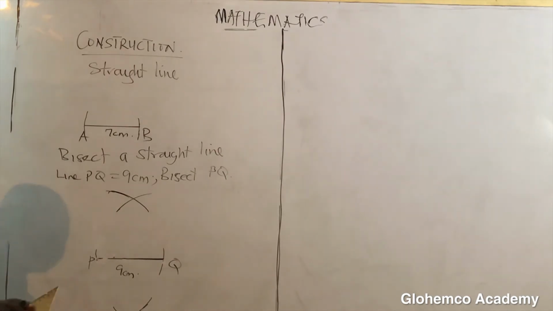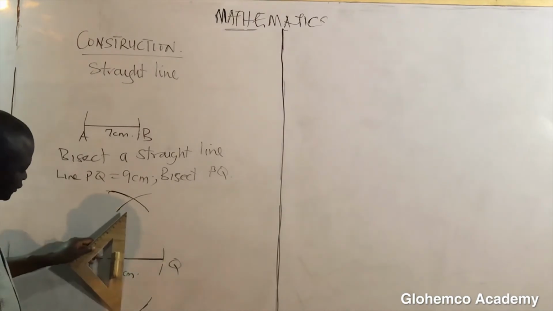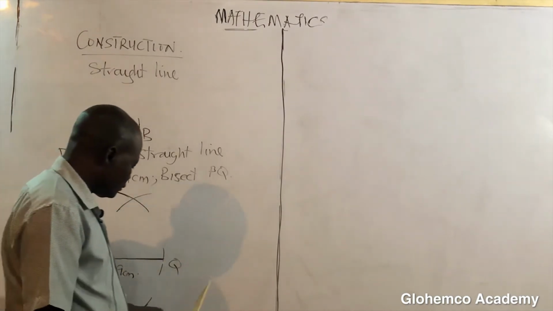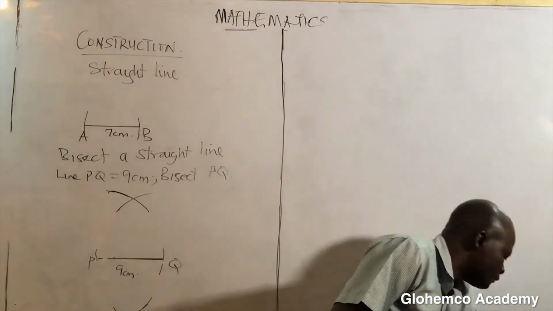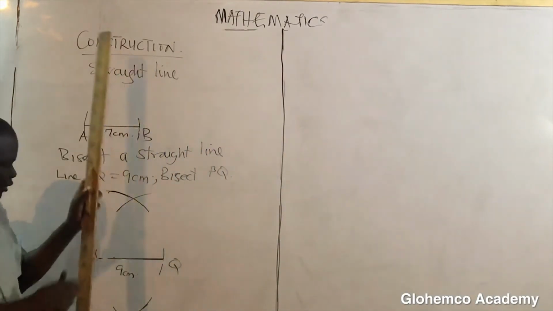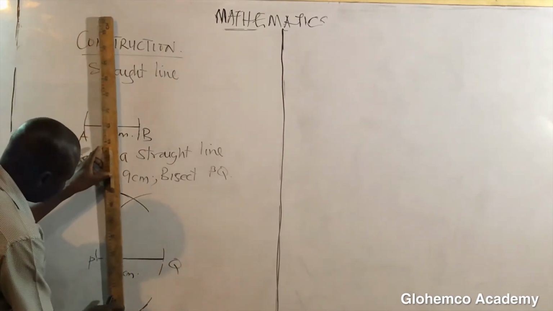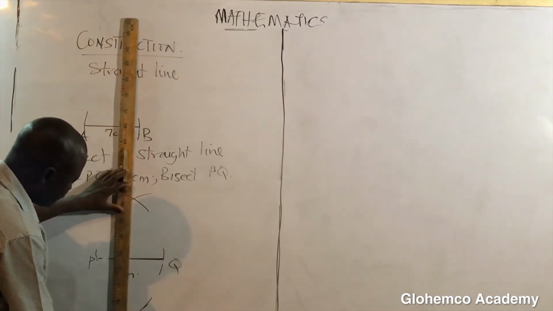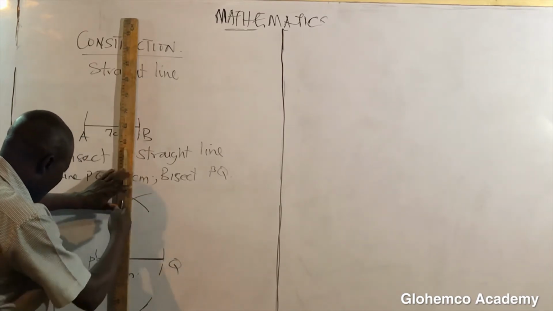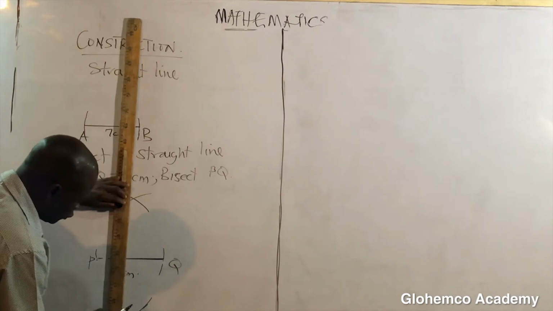In this respect, you will take your ruler and join the tip end of your construction.